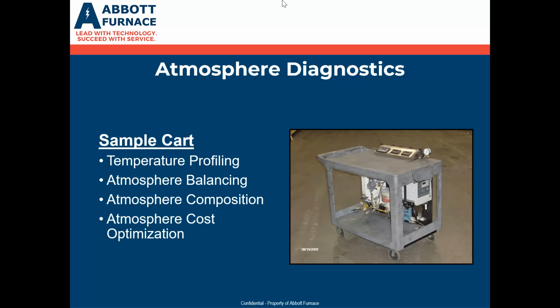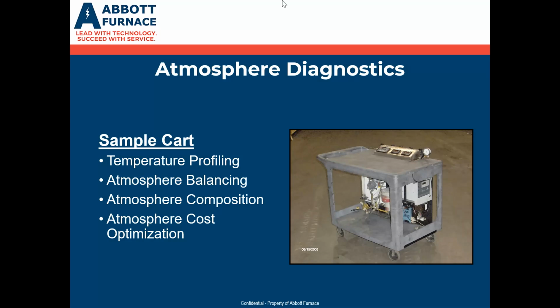We can also hook it up, and it works as a recorder if we're doing temperature profiling. But they're primarily for diagnosing atmosphere problems. We'll see some more graphs coming up about atmosphere balancing.